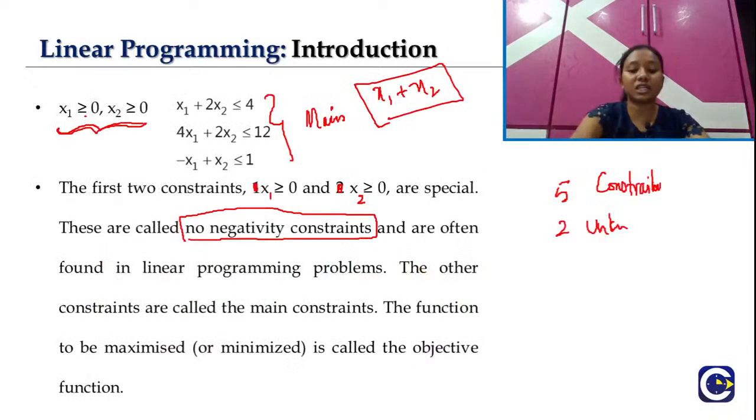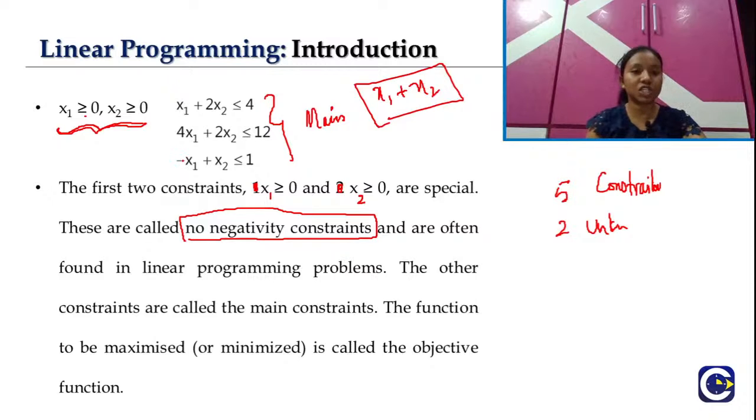So for this particular example, we are having overall 5 constraints. We'll be plotting all these constraints on our graph sheet, on our axes x and y. Once we plot this, we'll be having a region which is the intersection of all these 5 constraints. The answer, either a maximization or a minimization, will be lying in that intersection region.